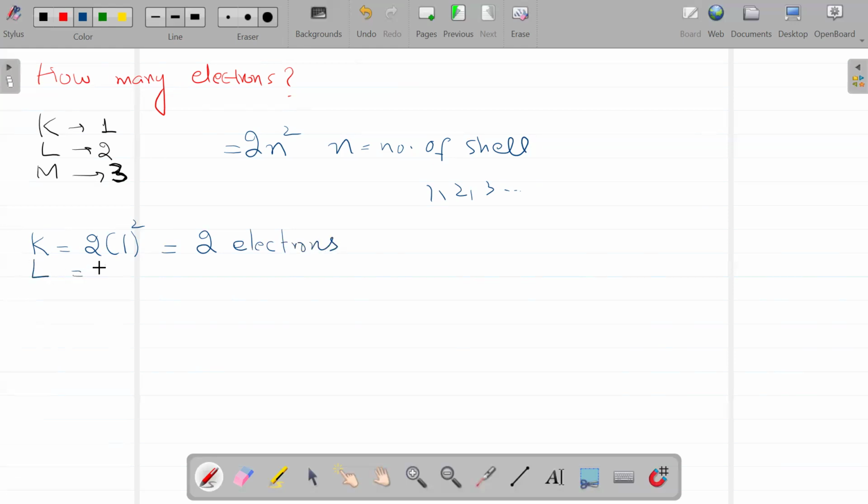For L, the value of n is 2 and it comes out as 8 electrons. The next shell is M, for which the value of n is 3, and it can accommodate 18 electrons. This is how many electrons each shell can contain.